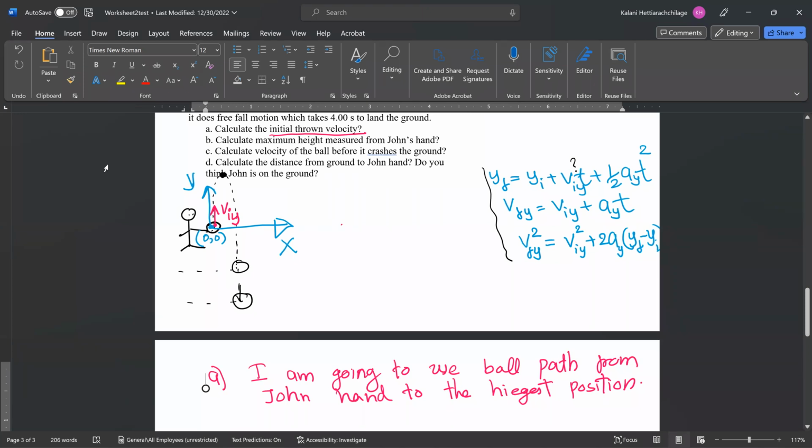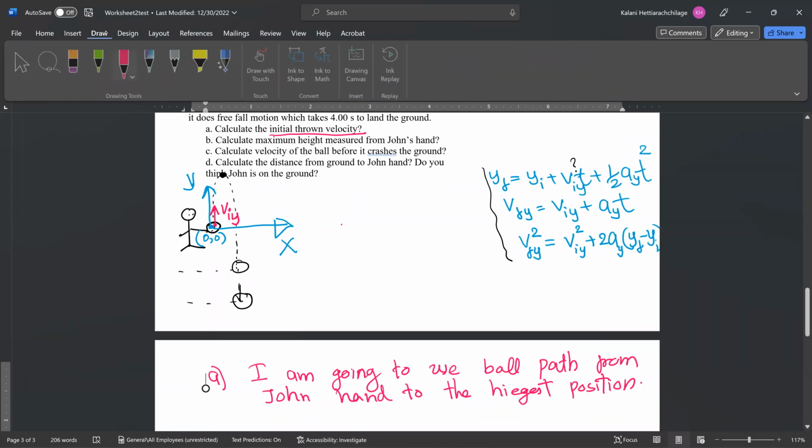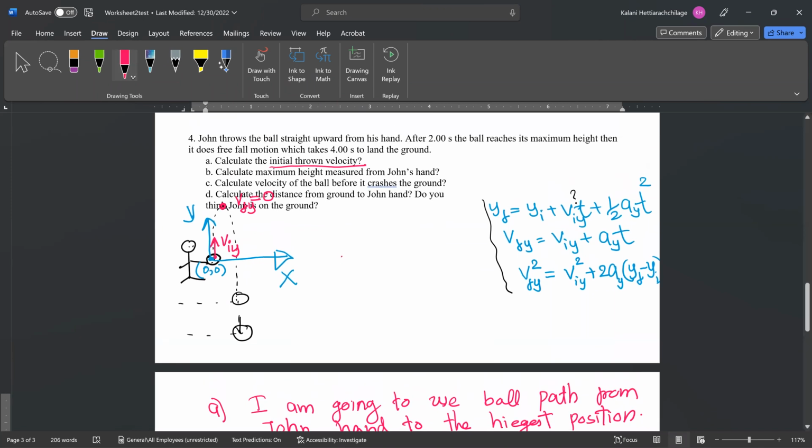So now, after you decide that point is the one that you're going to use, I have my final position defined for me. I'm going to use this as my final position in the y direction. Velocity is 0, right? Do I know the height that the ball reaches? It's not given. Maybe I need to calculate it.